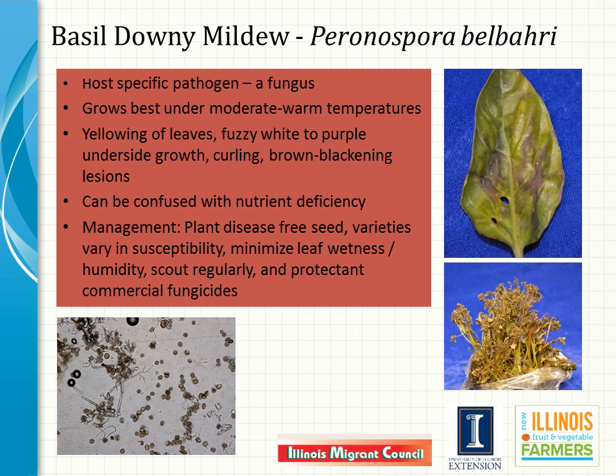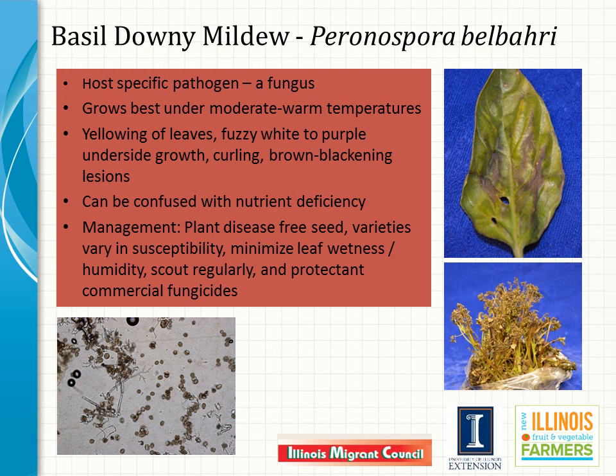A fungus disease only recently discovered in North America is downy mildew of basil. It's caused by a host-specific pathogen, a fungus that infects only basil. It grows best under moderate to warm temperatures, but not extremely hot. It causes yellowing of leaves, fuzzy white to purple growth of the fungus on the underside, curling and browning and blackening, and lesions on the leaves.